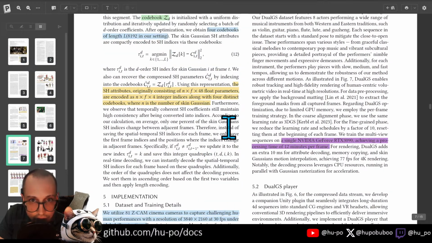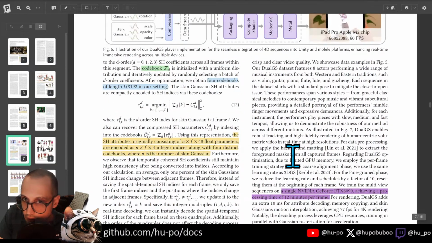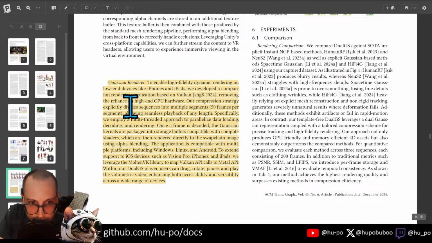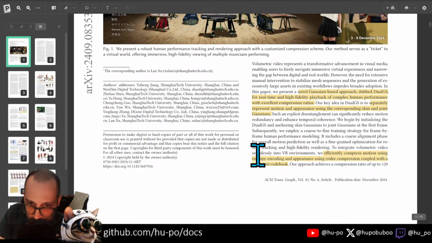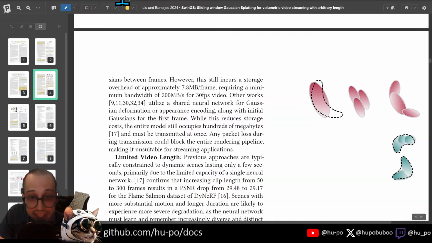I think they say it here. I'm going to have to find this. Removing reliance. Once a frame is decoded. Okay, so yeah, every single frame is effectively a new Gaussian splat. So think about how much overhead you're doing there, right? Rather than having one Gaussian splat that changes over time, which is what they're doing here, right?